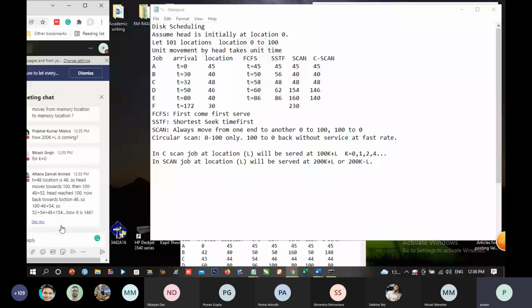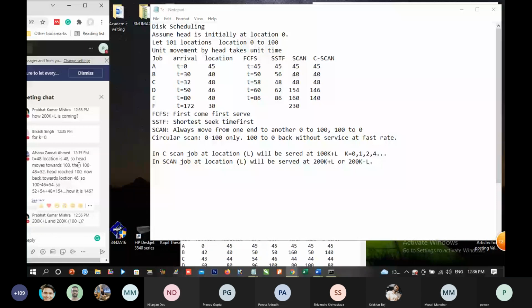Now head reaches 100 at time t equal to 100. Now back comes from back location 46. So 100 minus 46 is 54. You see, it takes time to reach 200. You are writing at time t equal to 48 plus 52. You should be writing 48 plus 52 plus 54. Yes.